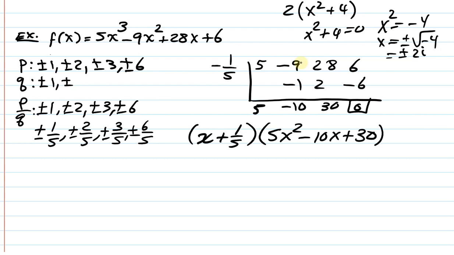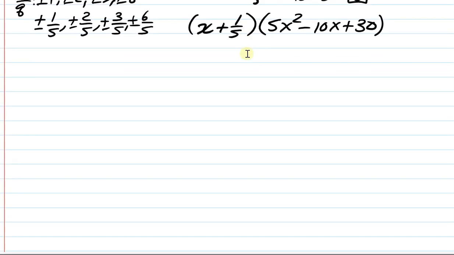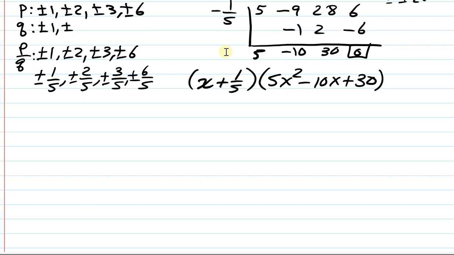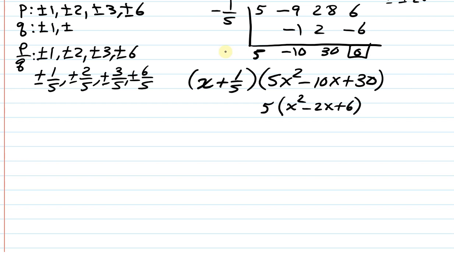Now we want to find the zeros, right? So because I want to find the zeros for this one, I'm just going to solve this quadratic equation. Factor the 5 out, I get x squared minus 2x plus 6. And this one I'm going to use the quadratic formula.